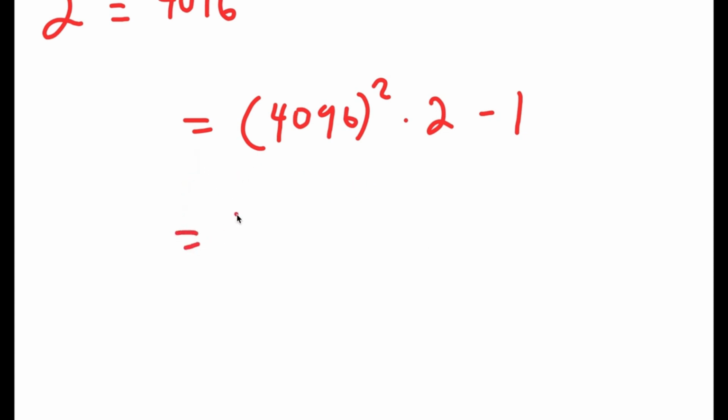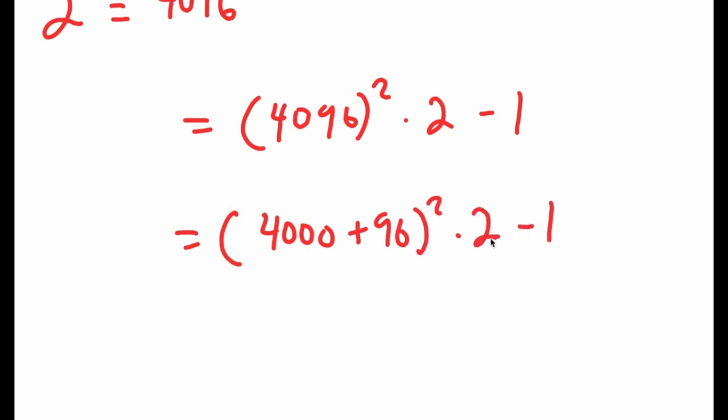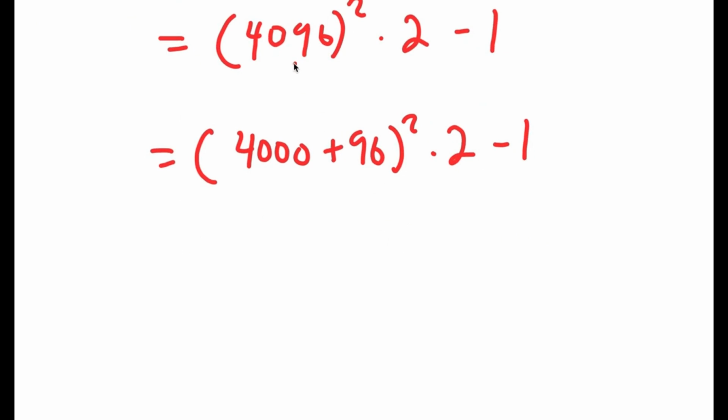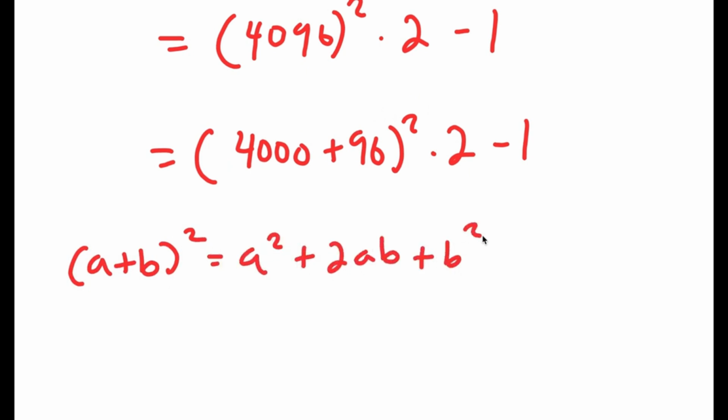And now this is equal to, I'm going to simplify this, 4,000 plus 96 squared times 2 minus 1. The reason I'm doing this is because 4,096 squared is really hard to calculate by itself. So if we change it to 4,000 plus 96 squared, I can use the property a plus b squared is equal to a squared plus 2ab plus b squared.